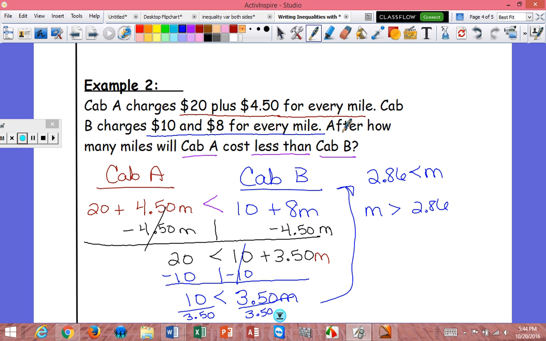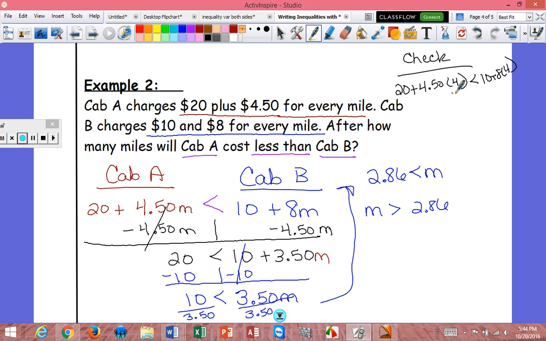Okay, if I were to check this, then I want a number that is going to be greater than 2.86. So I'm just going to go ahead and use a 4. So if I were to check, then 20 plus 4.50 times 4 should be less than 10 plus 8 times 4.